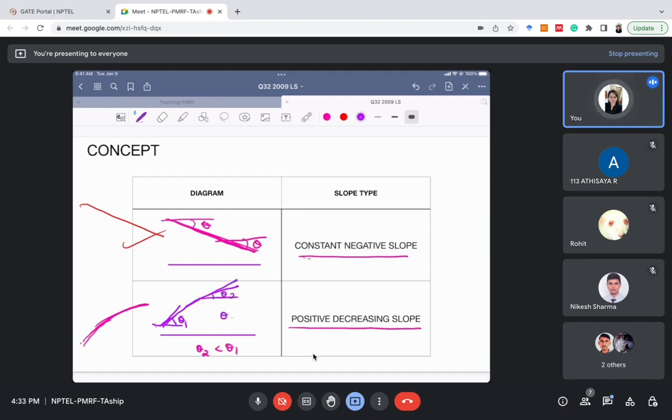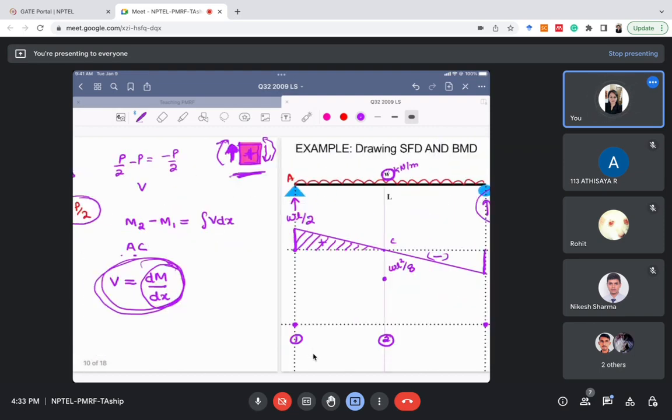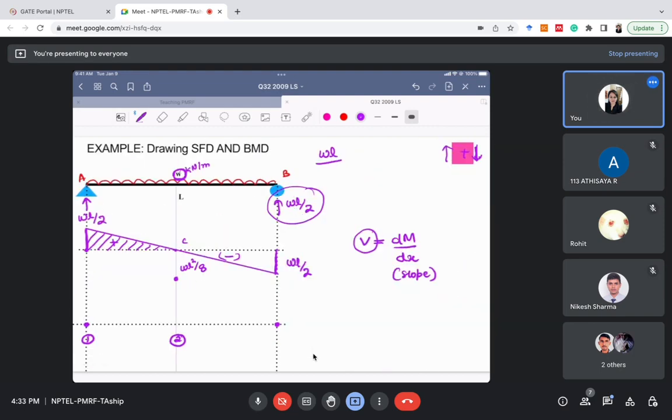Theta 2 is less than theta 1, so the slope is constantly decreasing, but it is positive. So it will be like this, a positive decreasing slope.